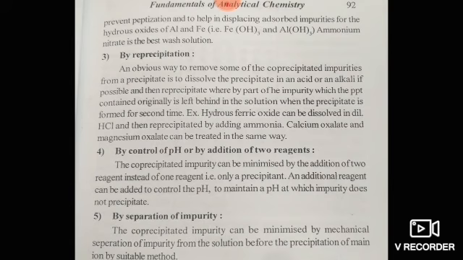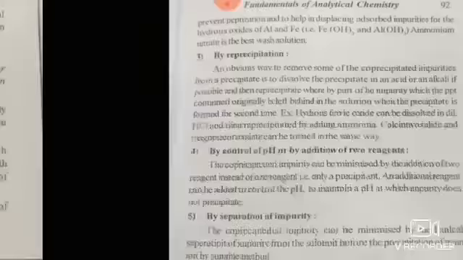By control of the pH or by addition of the reagent we can remove the co-precipitated impurities. And the fifth method is separation of the impurities. By mechanical means we can separate the impurities and minimize the co-precipitation.